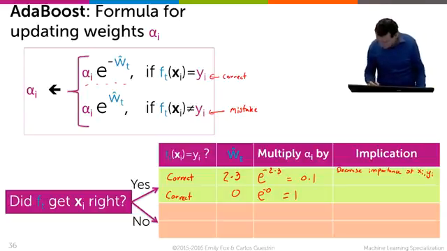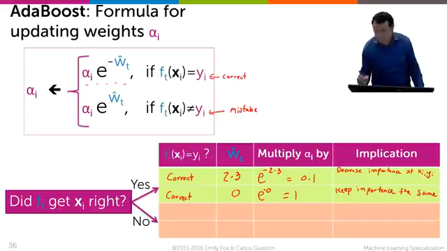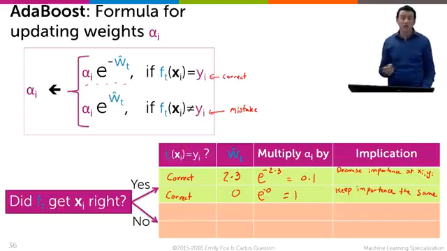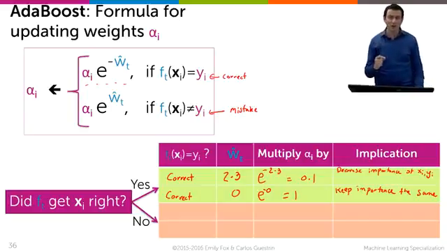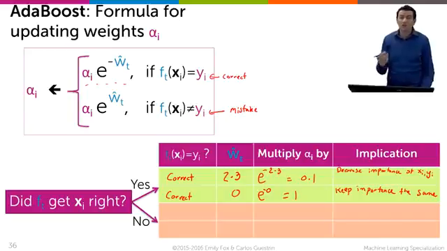That means that we're going to keep the importance of this data point the same. And that also makes a ton of sense. So this was a classifier that was terrible. We gave it a weight of 0, we're going to ignore it. And since we're ignoring it, we're not changing anything about how we weight all of the data points. We're just going to keep going as if nothing's happened because nothing's changed in our overall ensemble.